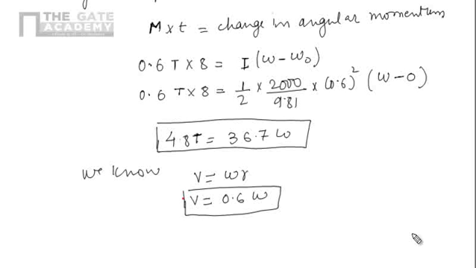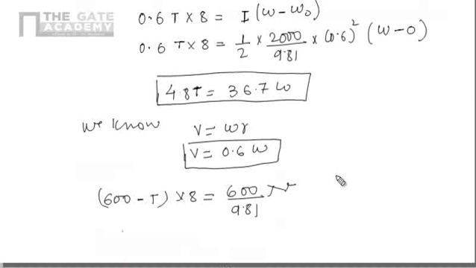So now if we put this 0.6 omega in our previous equation, that is 600 minus T into 8 equals 600 divided by 9.81 into v. And here in place of v, we have to put 0.6 omega.